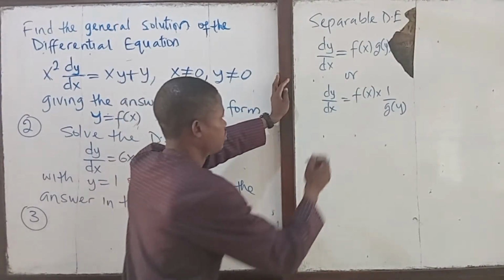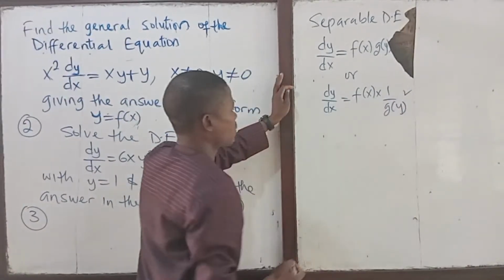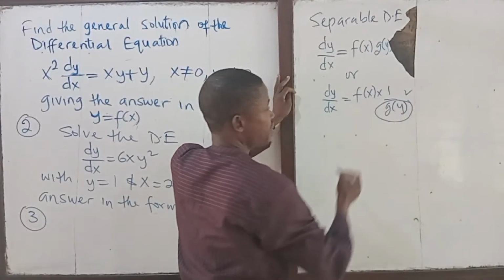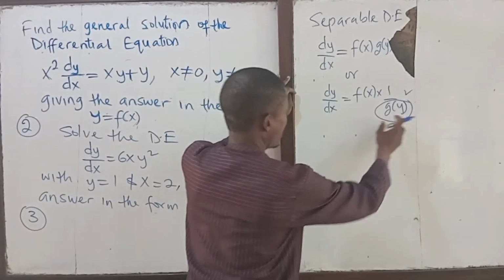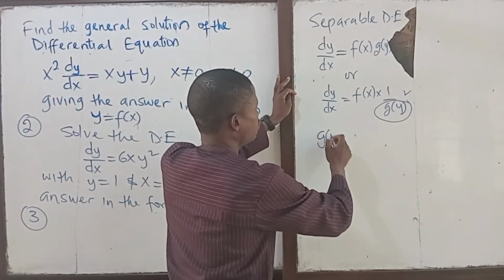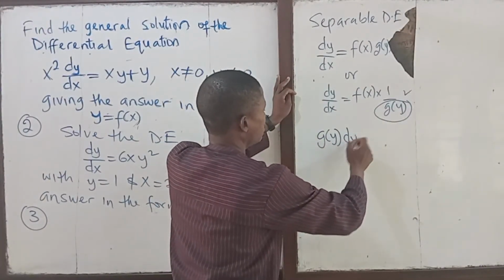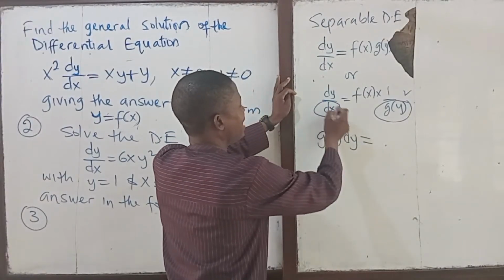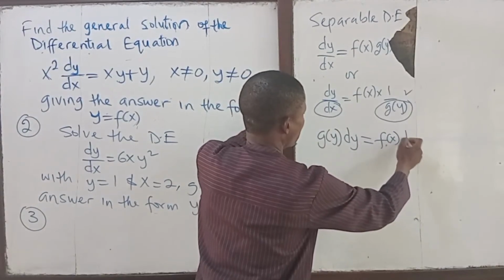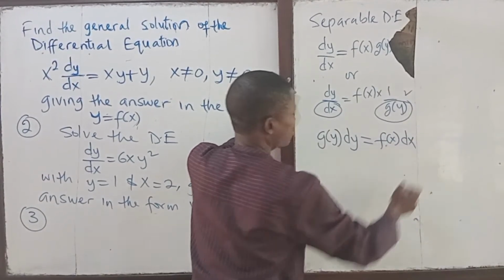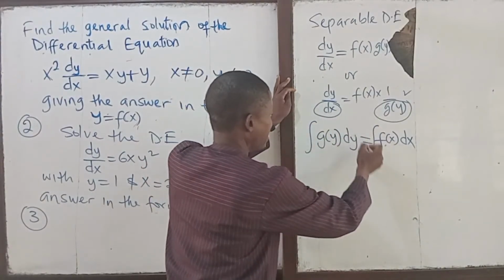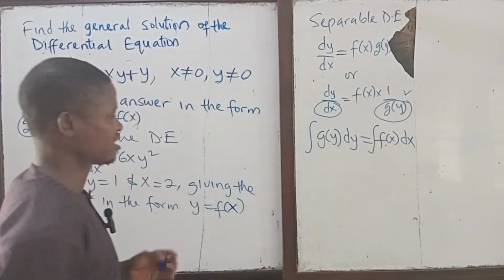So what we are going to do, let's take this form, is to remove this g of y from here. That means you're going to multiply both sides by g of y dy. At the same time, also remove the dx from here, and that will give you f of x dx. The next step is to integrate both sides of the equation.